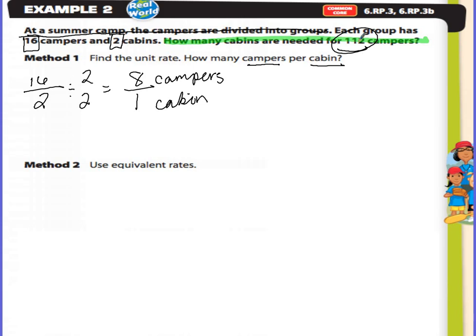So what I can do is I can look at equivalent rates, setting up equivalent ratios. So here I have 8 campers for every 1 cabin, and I need to figure out what that's equivalent to if I have 112 campers, and I want to know what is the number of cabins that I'll need. So I put that variable there of x.